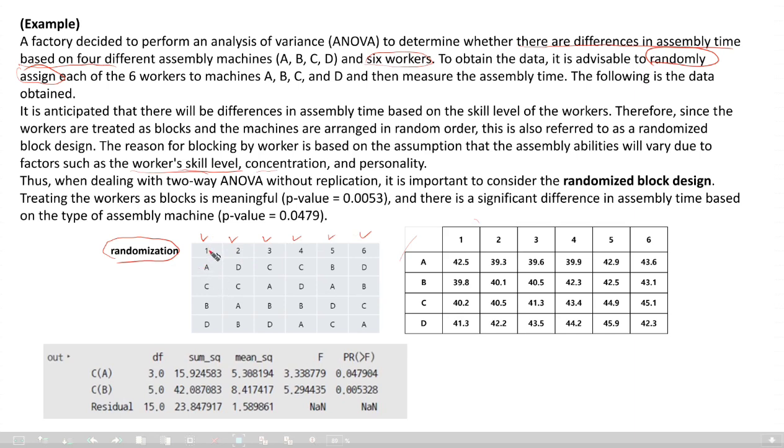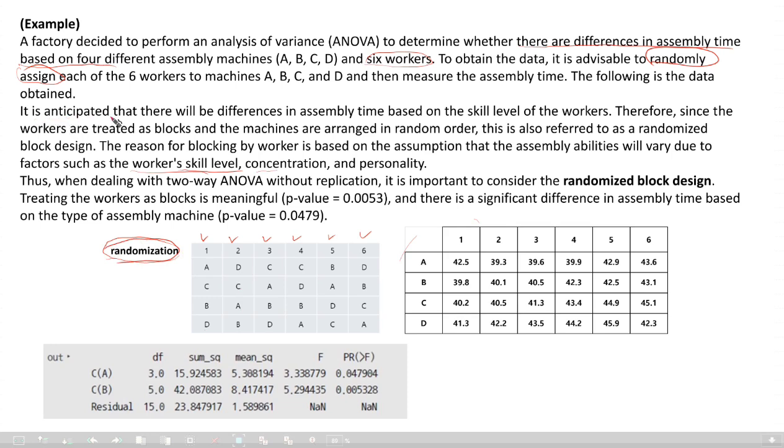For person 1, A, C, B, D are assigned. For worker 2, D, C, A, B are randomly assigned, and so on. That is called randomization.